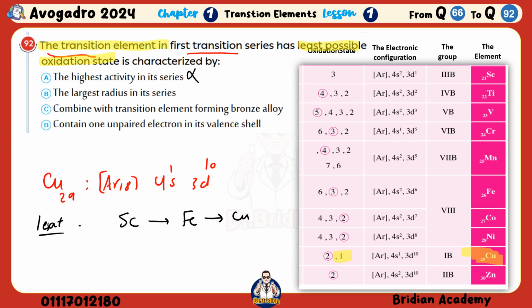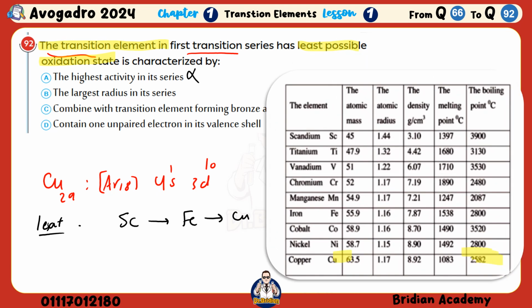The largest radius in the series, you should look to the atomic radius, and the copper. No, the largest atomic radius belongs to scandium, 1.4, and copper is 1.17.